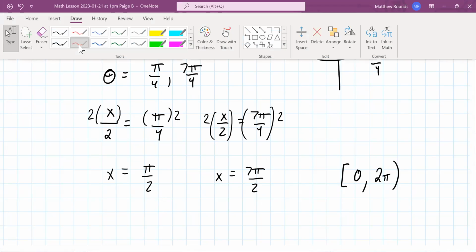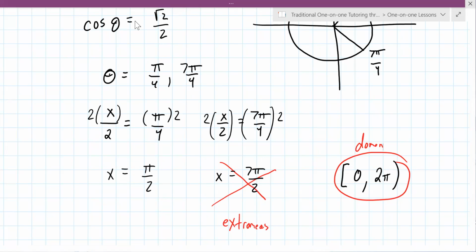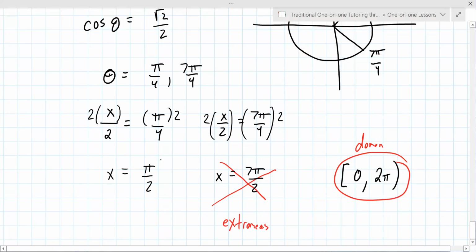It's the same thing here. This is now extraneous because it doesn't fit the period. It doesn't fit in this interval, this domain. 7 pi over 2 is 3.5 pi. That's way too big. So this would be your only answer.